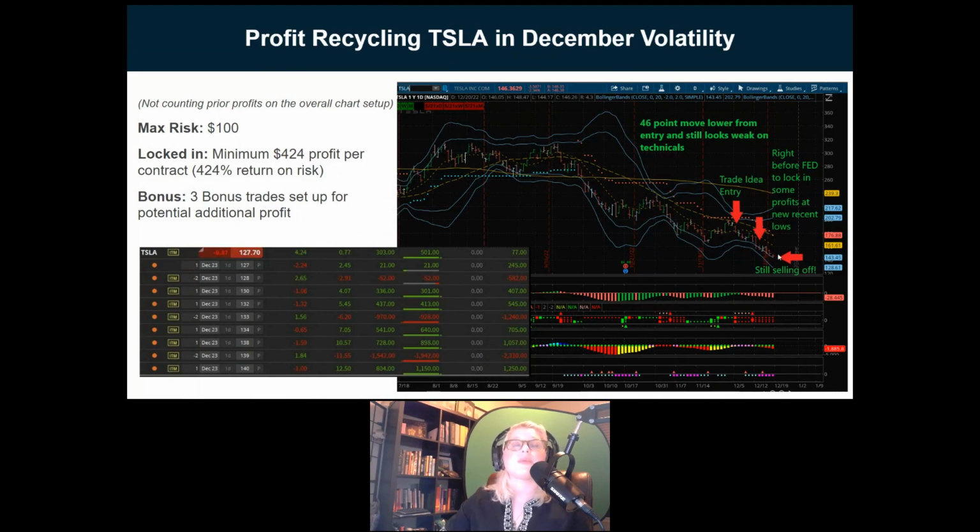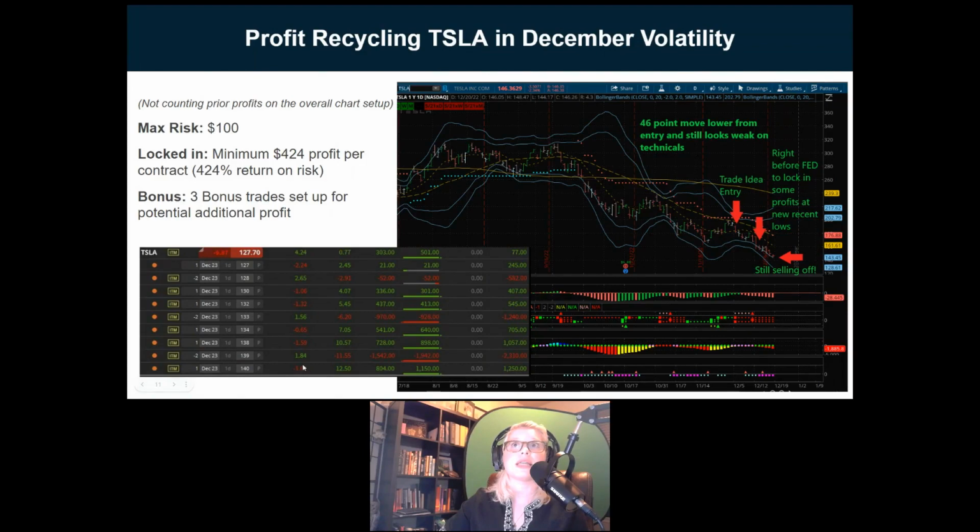And as we know, Tesla has seen quite a bit of volatility going into the end of the year. And this is just a snapshot of the mastery account at the time that I was making this slide. At the initial start of the week, whenever I took this snapshot, I started with the 140 put.